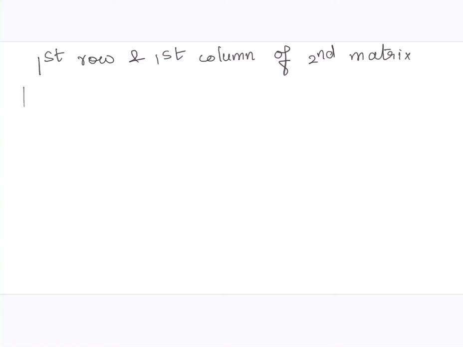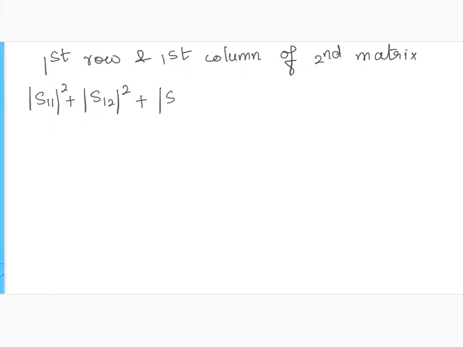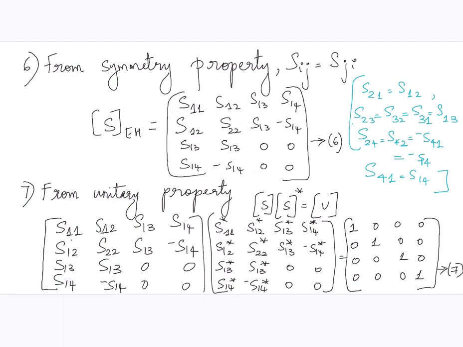So continuing, consider the first row and first column of the second matrix, which can be written as S11 square plus S12 square plus, while multiplying it will be S11 into S11 conjugate, which is the modulus of S11 whole square.